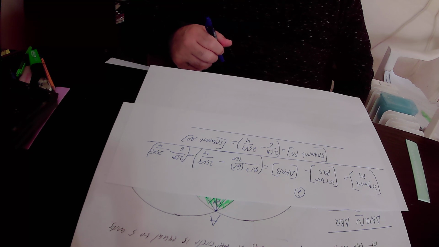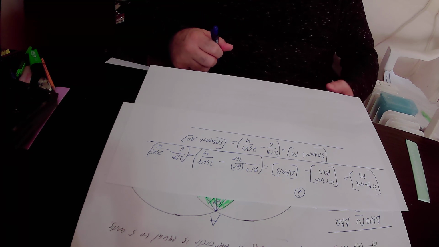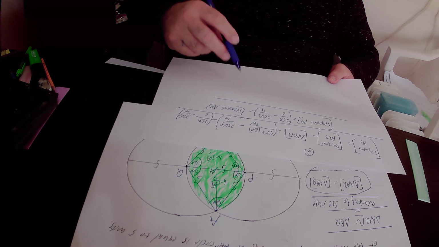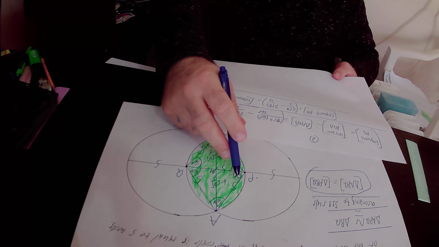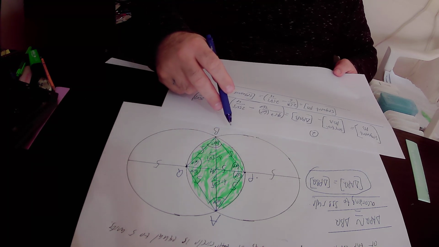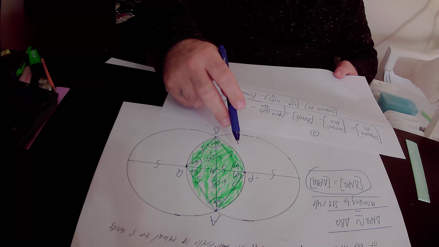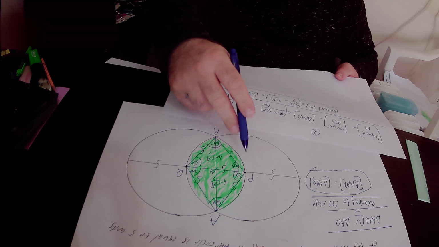Therefore, we can multiply the area of segment AP by 4, and we will get the area of the 4 segments.